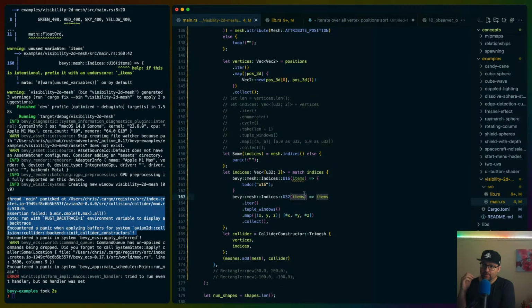I think the answer is that the Avian version of this example doesn't work, because you have to manually construct all these colliders. If it was doing that for you, the level of this example comes way down, right? But because you have to construct the collider meshes yourself, you have to make a decision between things like trimesh and convex decomp and other things.